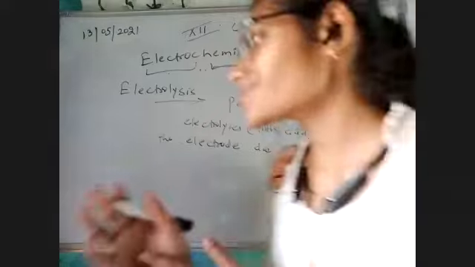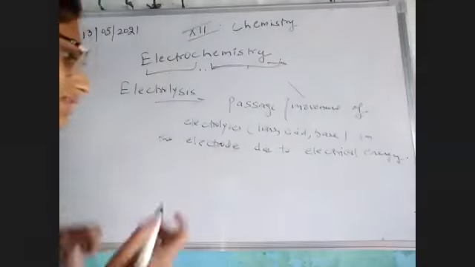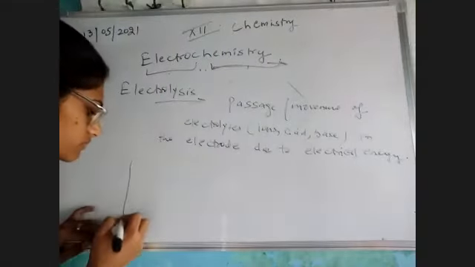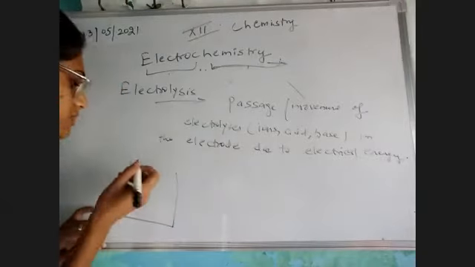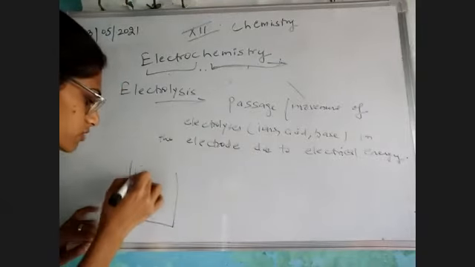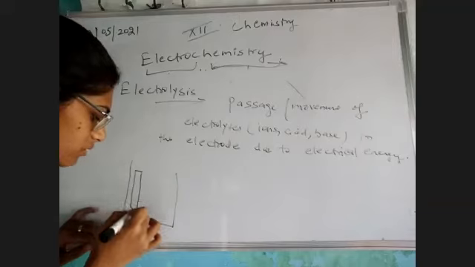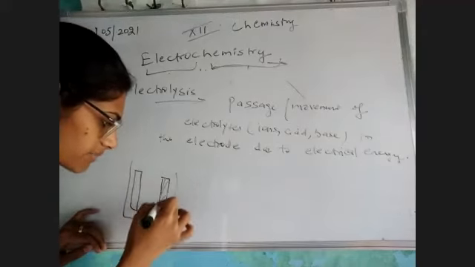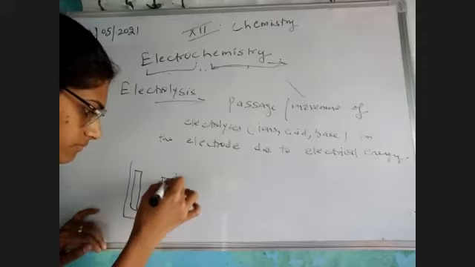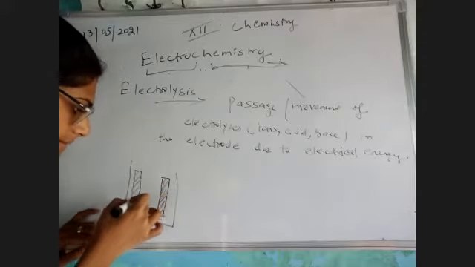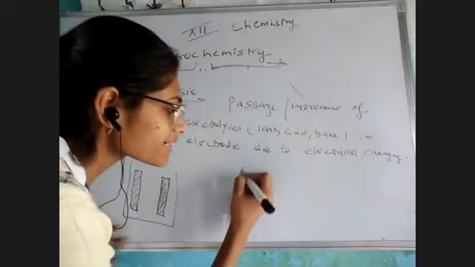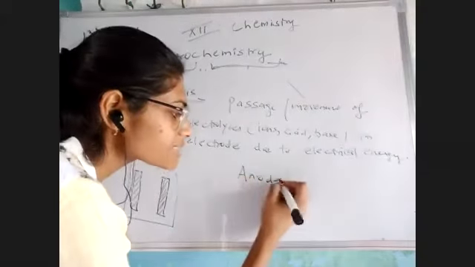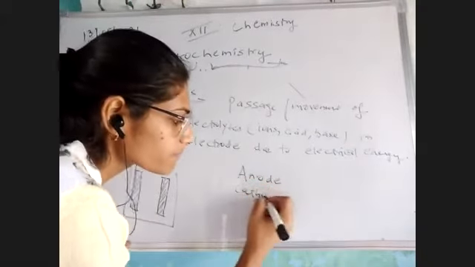Let's understand this topic with the help of a diagram. Suppose we have put two different electrodes. Now, what are electrodes? Have you heard the name electrodes? You have definitely heard that there are two types of electrode known as anode and cathode.